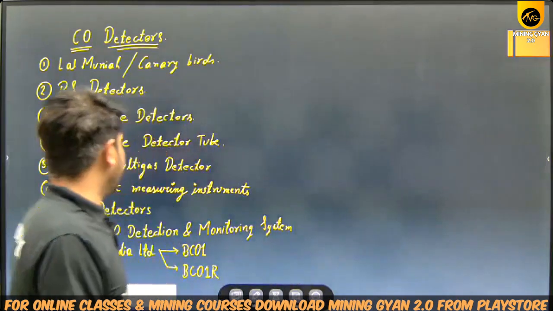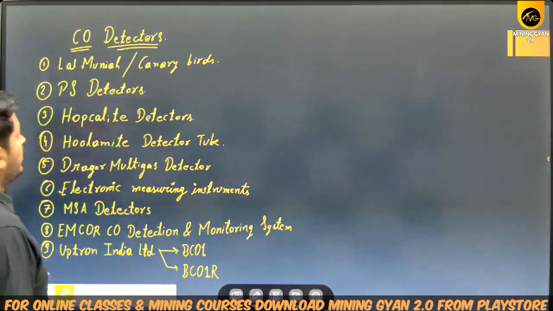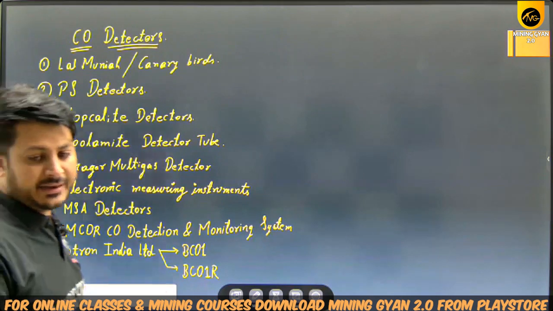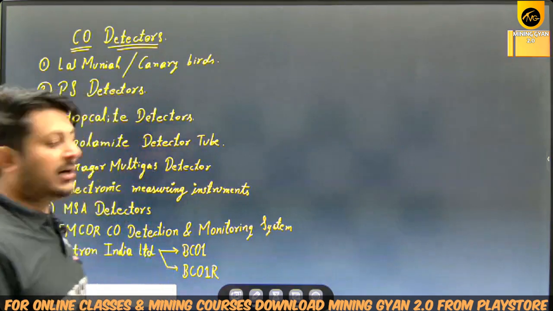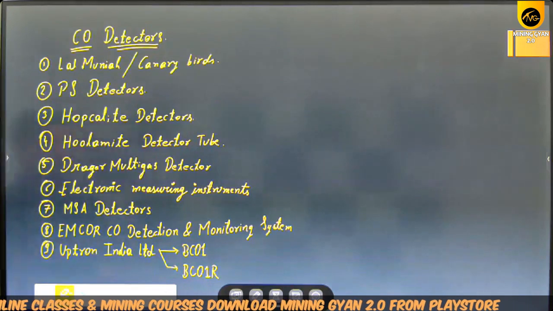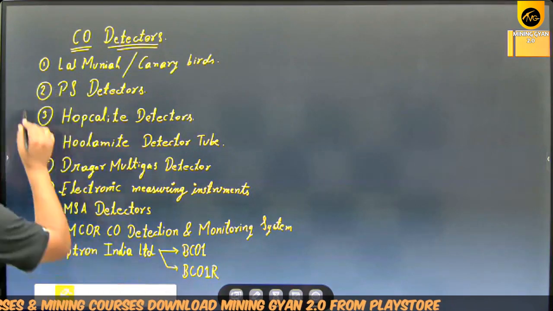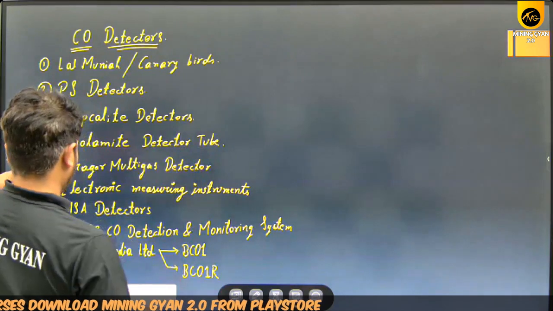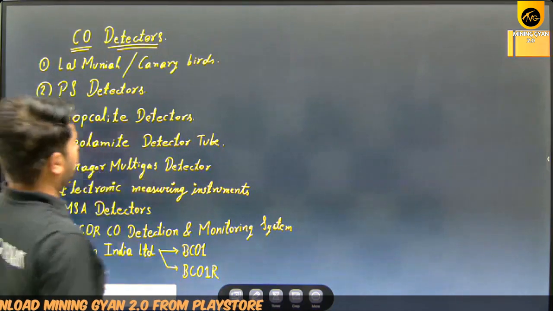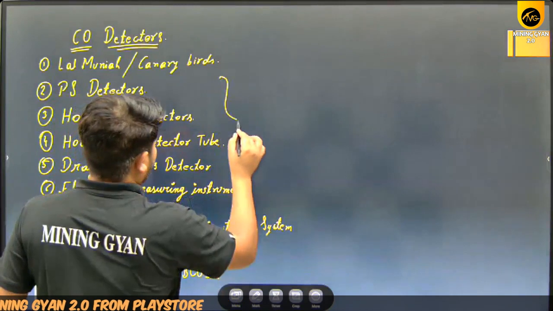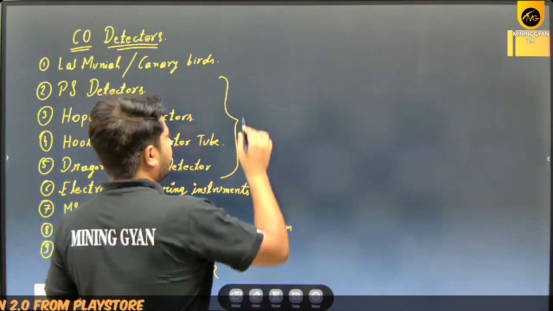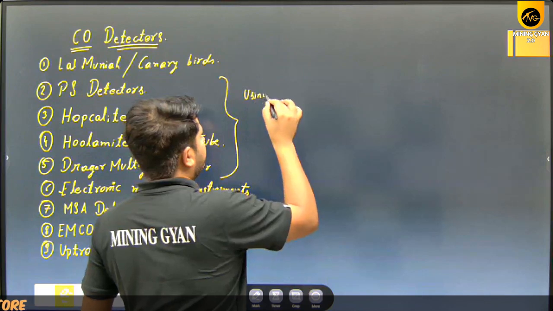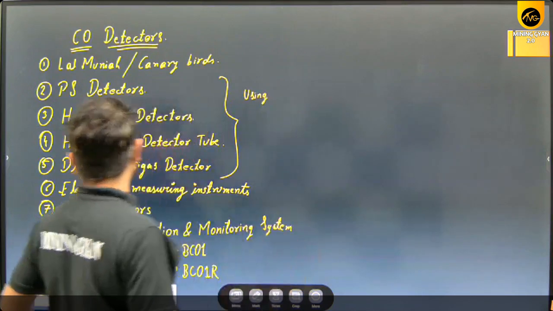Then the next method is the use of colorimetric indicating detectors.